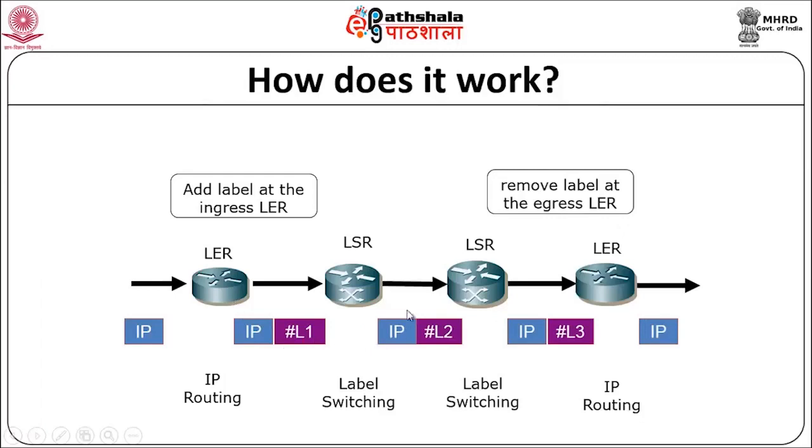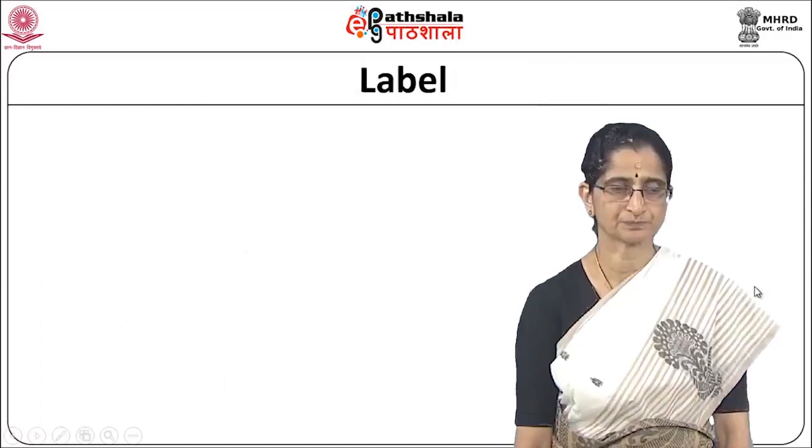At these intermediate LSRs, what will happen is something called label switching. One label may be replaced by another label. So L1 is replaced by L2 and sent along to this LSR. This LSR replaces L2 with L3 and sends it to this LER. This egress LER removes the label and sends it out as an IP packet as such. So this is basically how the data will flow through the MPLS network.